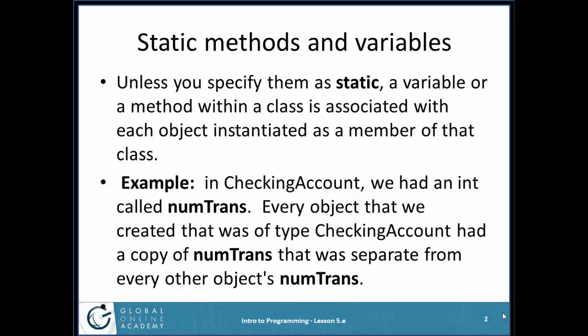In other words, we might say checking account account 1, and we might say checking account account 2. Account 1 has a copy of numTrans, and it has absolutely nothing to do with the numTrans that account 2 has. One of them might have 7 transactions, the other might have 4 transactions. One might reset it to 0, the other might not have reset it to 0 yet. Each object would have the entire template from the class and have their own version of all the non-static variables in it.